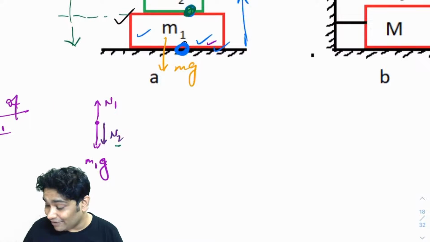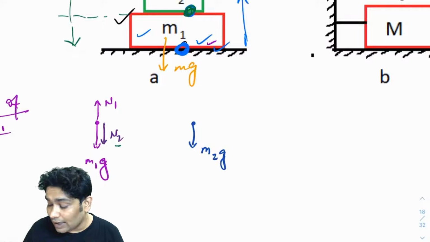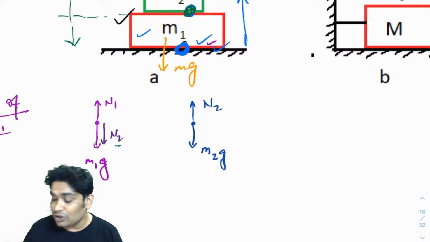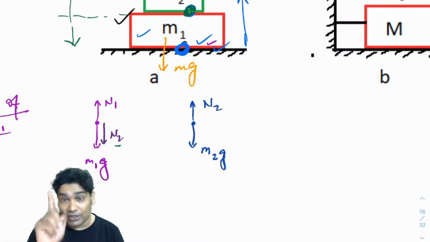So let's draw the FBD of M2. M2 would have M2g and an upward force along the common normal, with a magnitude equal to N2.